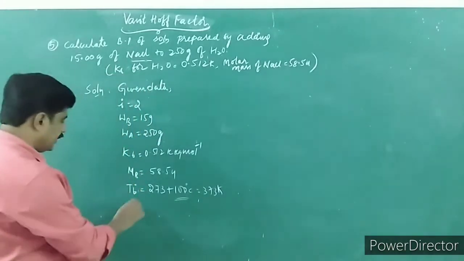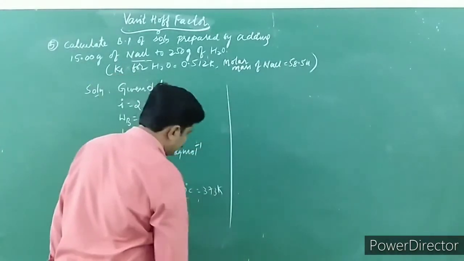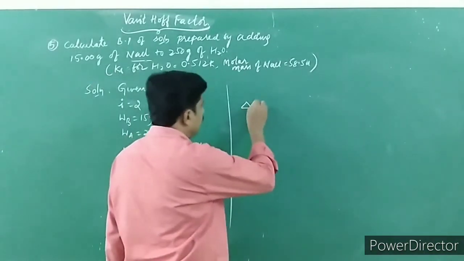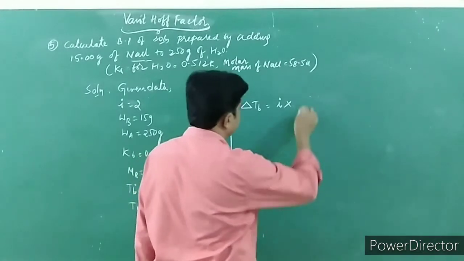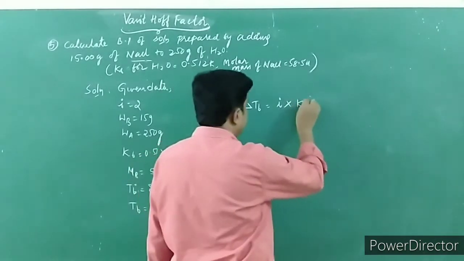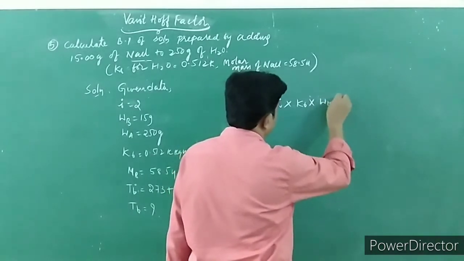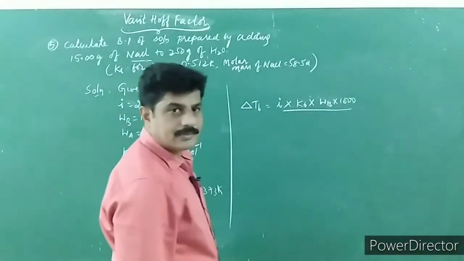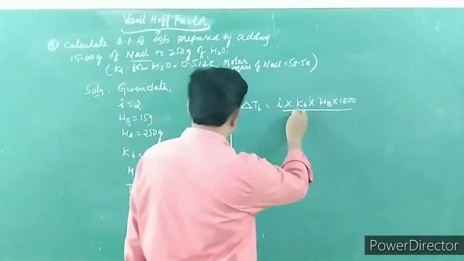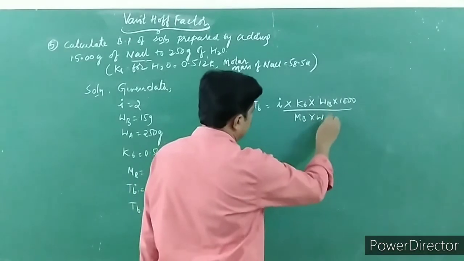Okay. Next, what are they asking? They are asking Tb, the boiling point of solution. Children, let me put the expression: delta Tb is equal to i into Kb into Wb into 1000 upon Mb into Wa.